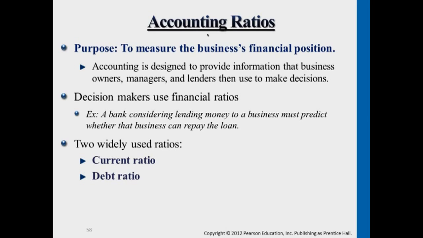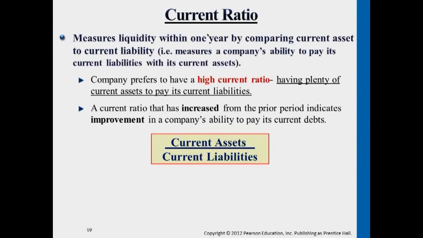So what current ratio means: we want to measure the liquidity within a year by comparing current assets over current liabilities. So we want to look at the total value of current assets, adding them all together. This includes cash, accounts receivable, supplies, all the short-term assets, then divided by current liabilities.